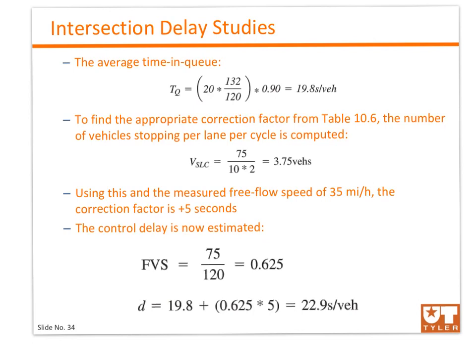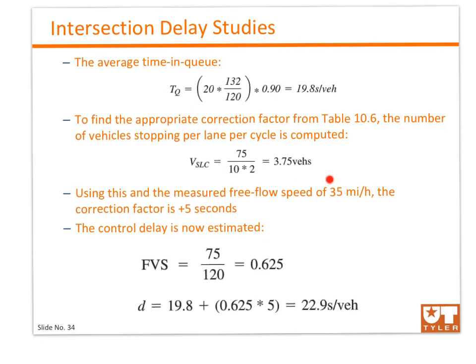What are these numbers? 75 is the V stop, the total number of stopping vehicles, over 10 times 2. 10 was NC, the number of cycles included in the survey, times NL, which is 2, the number of lanes in the survey lane group. So we had 2 lanes and we had 10 cycles, and the 75, again, was the V stop.